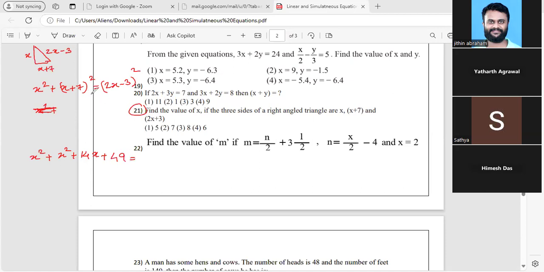Is everyone clear with what I've done over here? Okay. On the other side, I'll do the same thing. 2x whole square gives you 4x square plus 2 into this multiplied by this. So 2 multiplied by 2 is 4, 4 multiplied by 3 is 12. But there is a minus sign, so I'll write negative 12x.